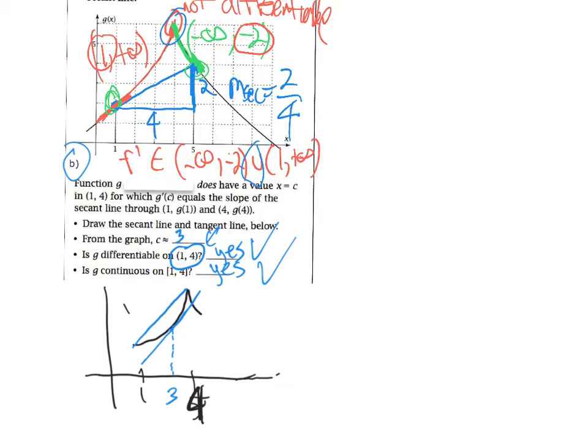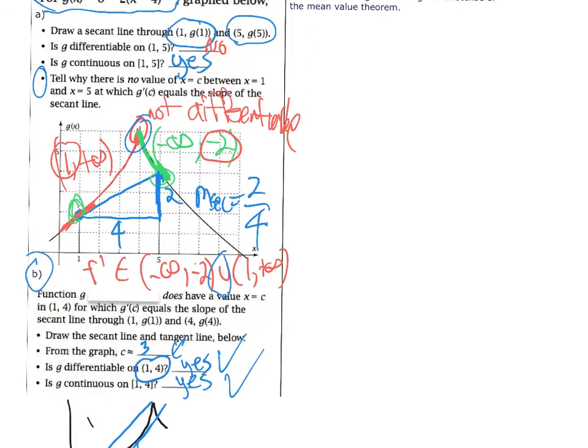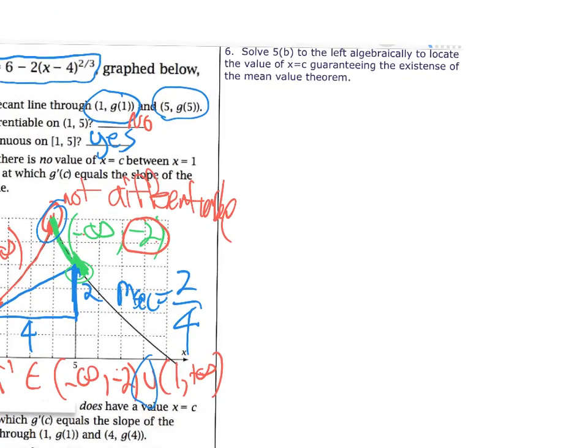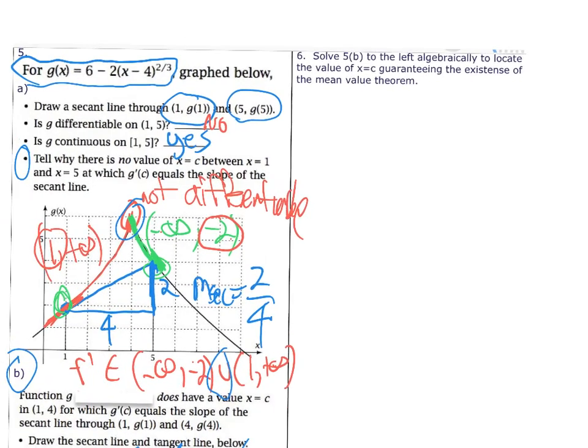All right, so we're going to take this question and do part B algebraically. This again is challenging. Okay, this is quite challenging. So here's our function. Our function is g of x equals 6 minus 2 bracket x minus 4 to the 2 over 3.